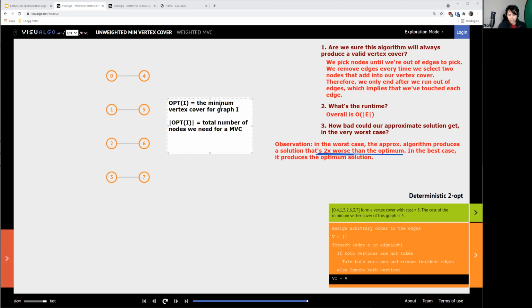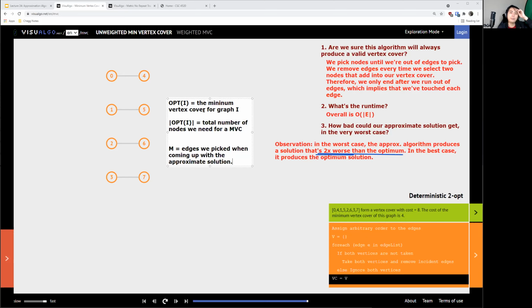Let's just imagine now that our approximation algorithm is going to be equal to 2... How do I describe this? We're going to have this thing called M, which is the edges we picked when coming up with the approximate solution.